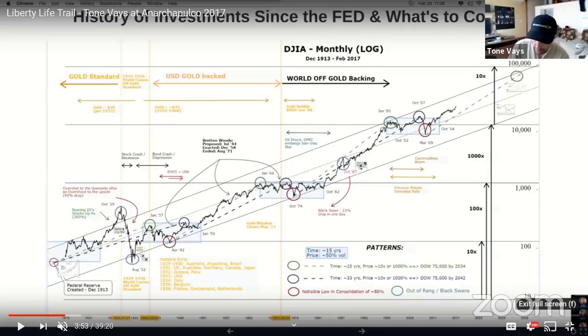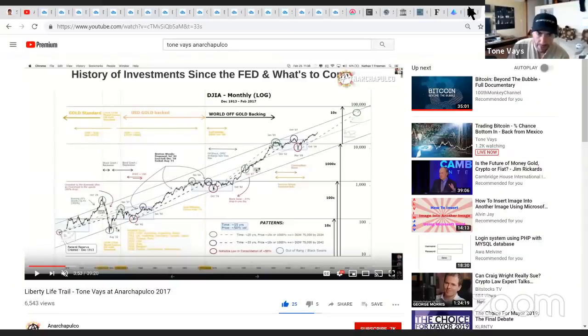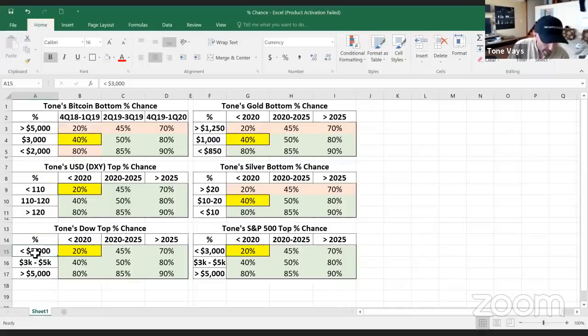Okay, so let me go back to my probabilities. So I'm gonna switch screen share again. Back to probabilities. So right here, Dow tops, the ultimate high is going to be greater than 75,000 for the Dow.